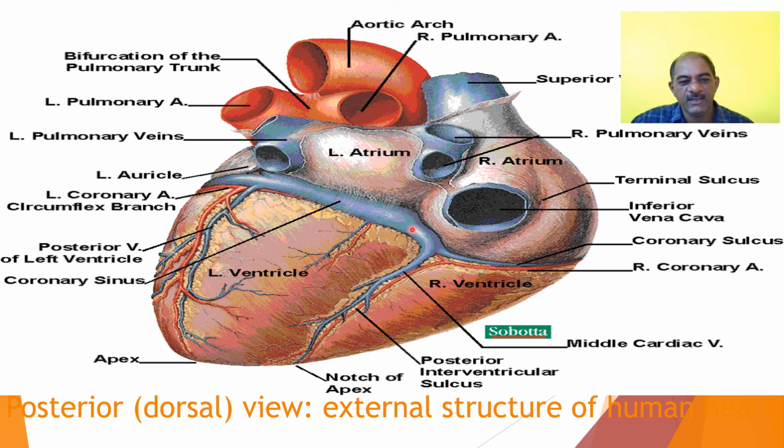So in this way, coronary sinus, coronary openings are present, and coronary artery in red color, coronary veins in blue color. Coronary artery carries pure blood, coronary veins carry impure blood, and this is the apex side of this heart. So that is the external structure, particularly posterior view of heart.